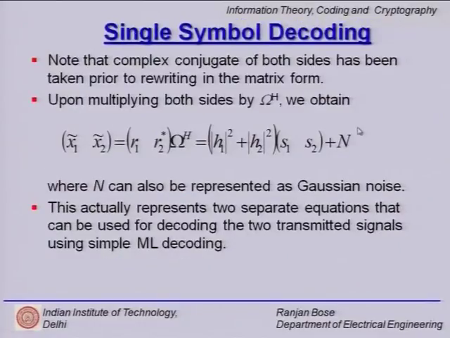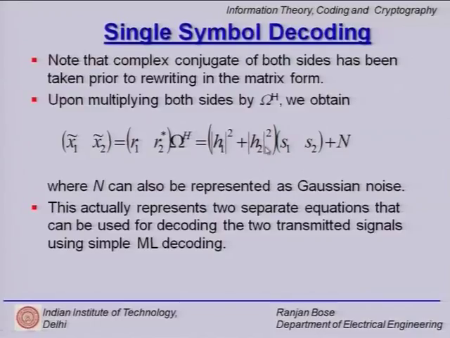Here is the noise. The system here would be dominated by noise if both H1 and H2 are small. Only then will the signal become insignificant with respect to noise and the system become dominated by noise. Both of them must simultaneously be small. If one is small and the other is large, then the signal is still there.